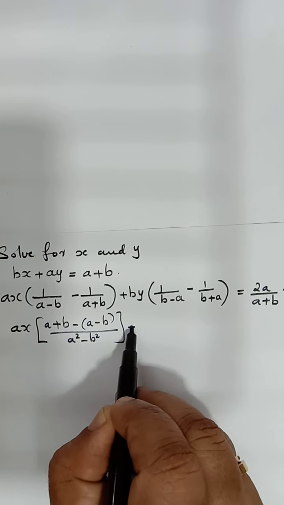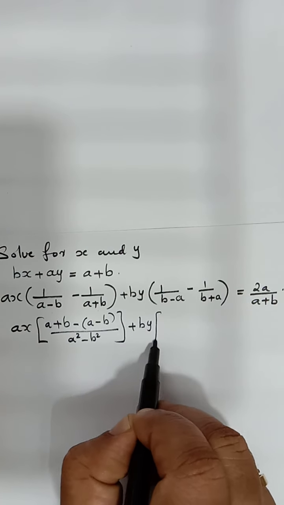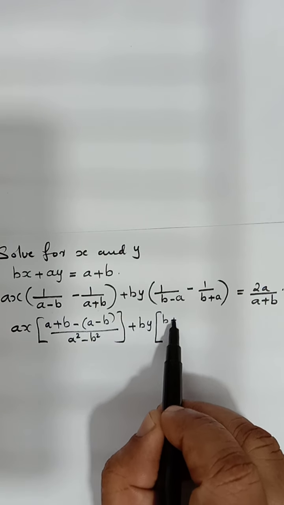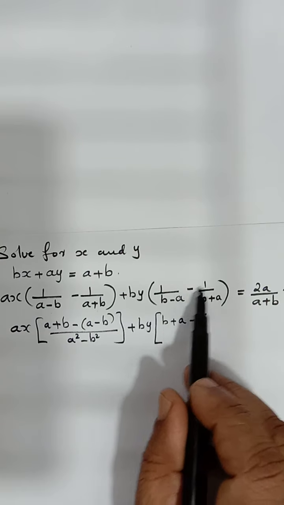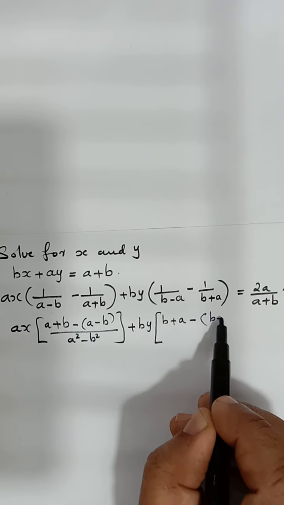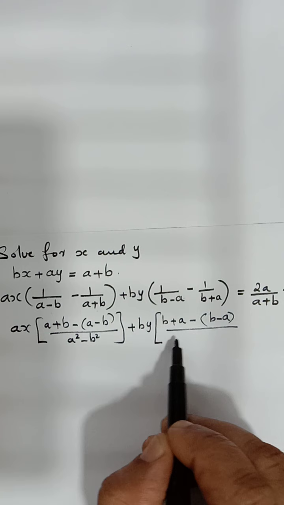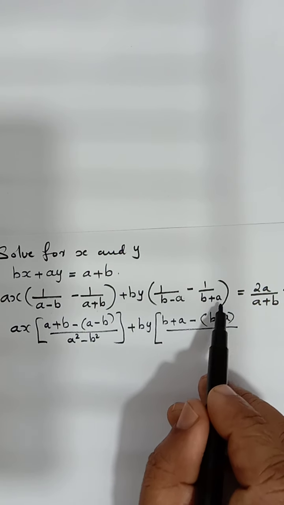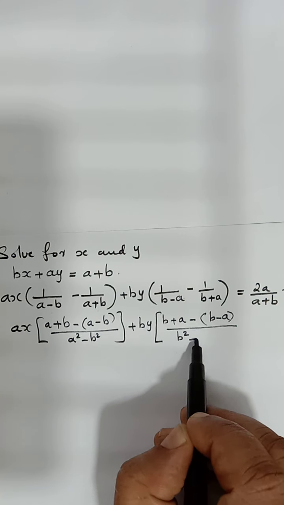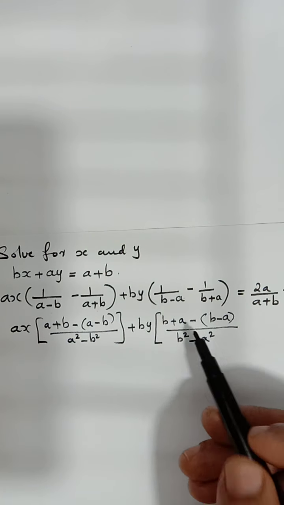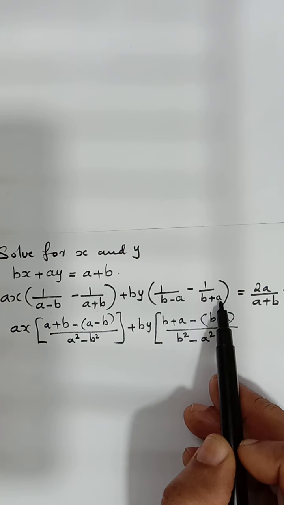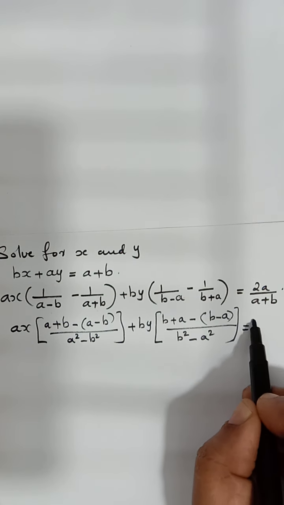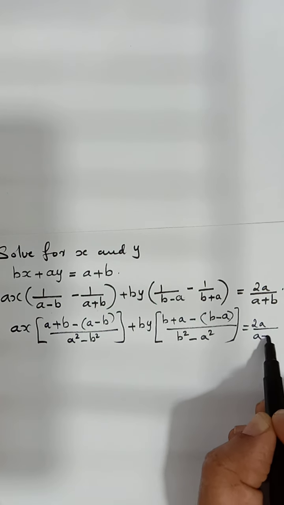Okay, close the bracket, plus by into, open, 1 into b plus a is b plus a minus of 1 into b minus a is b minus a, divided by a plus b into b minus a into b plus a, that is b square minus a square. Please be careful. b minus a into b plus a is b square minus a square. That's equal to 2a divided by a plus b.